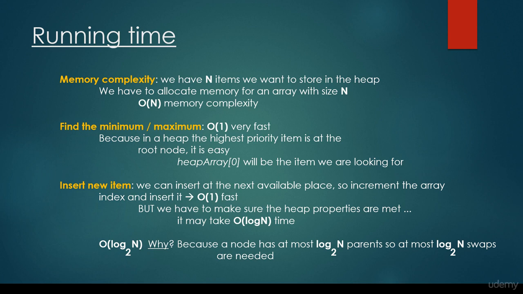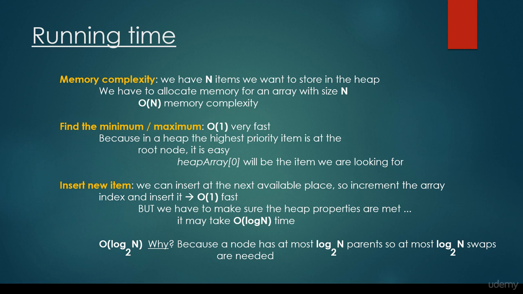So it may take O(log n) time to make sure that the tree-like structure is a valid heap data structure. You may pose the question about this logarithmic time complexity. First of all, it's important to know that it is the base 2 logarithm. And why? Because a node has at most log base 2 n parents, so at most log base 2 n swaps are needed.